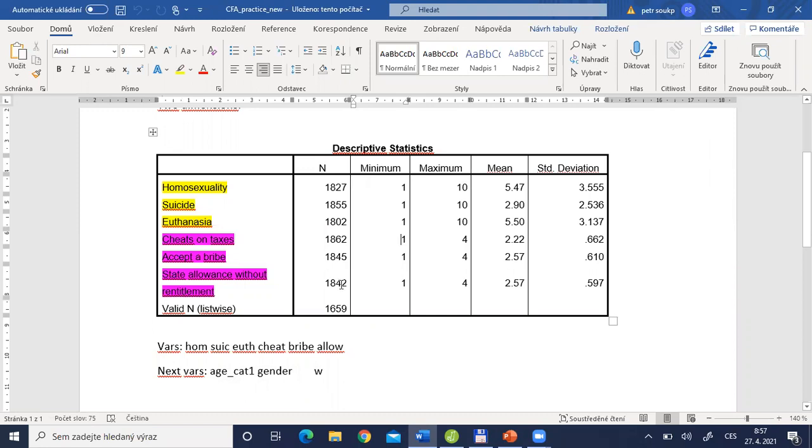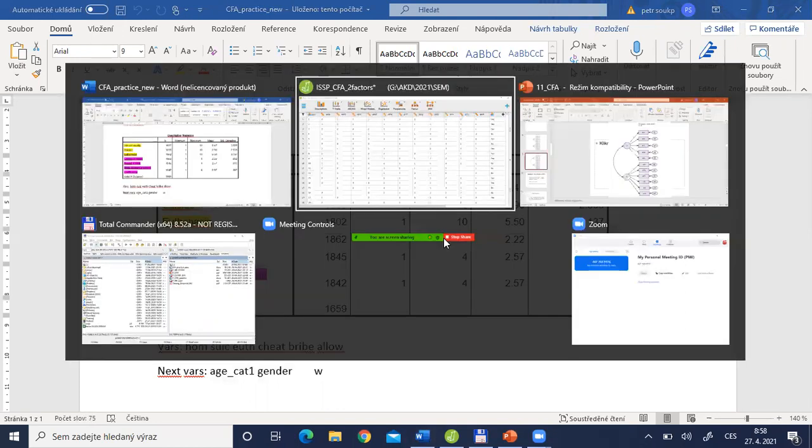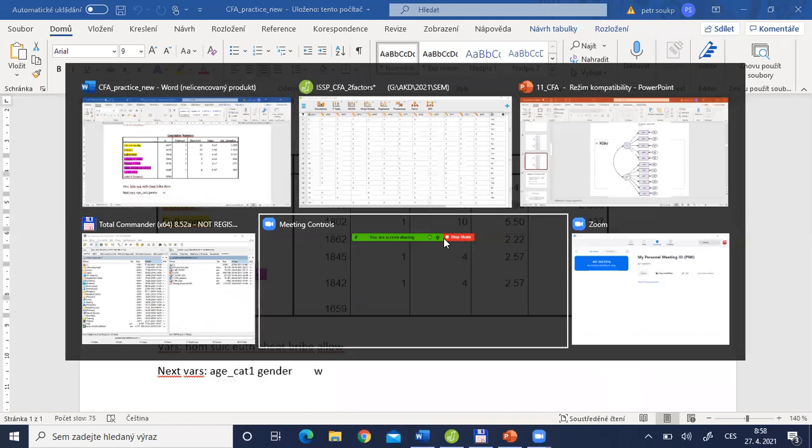Cheating on taxes and the other violet items are from 1 to 4, so they are ordinal scales, but still it is possible to treat them as scales for our purpose. So in the next 10 minutes, you are expected to compute this CFA for these two related or unrelated dimensions. Any questions related to this task?